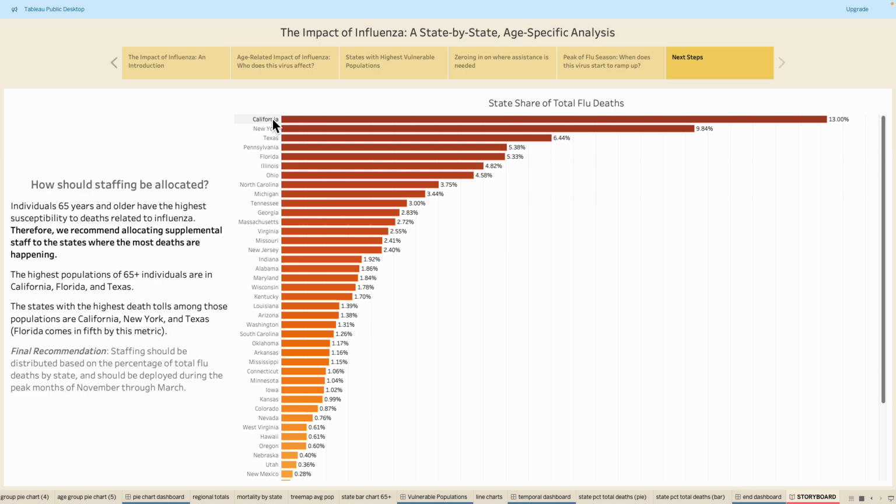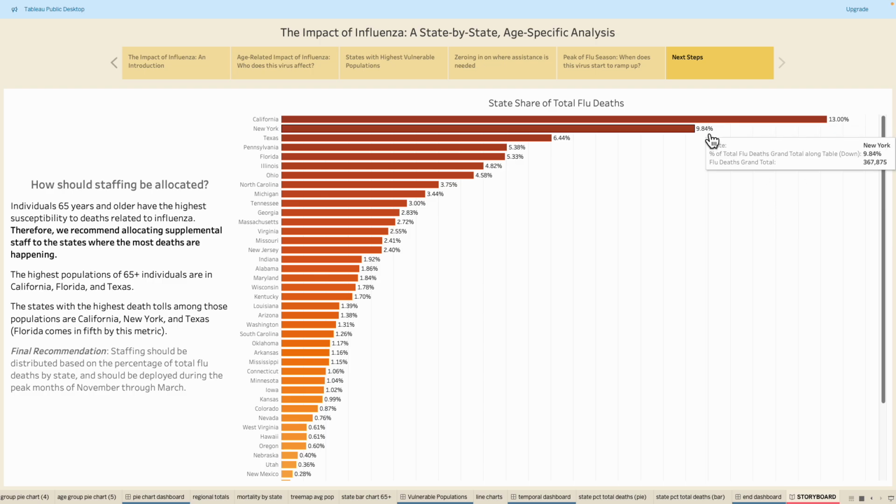Therefore, the official recommendation is that we should allocate staffing based on the percentage of total flu deaths. So for example, of our total available staffing, California had 13% of total deaths across that time, so therefore California should get 13% of available medical staffing.